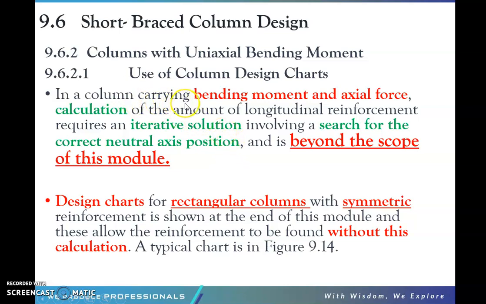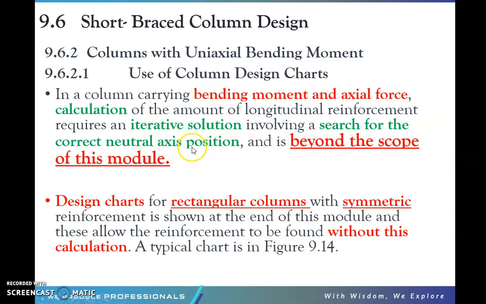Okay, use of column design chart. Tadi kita ada sebut design chart kan. In a column carrying a bending moment and axial force, the calculation of the amount of longitudinal reinforcement requires an iterative solution involving a search for the correct neutral axis position. But this iterative solution is beyond the scope of this module.